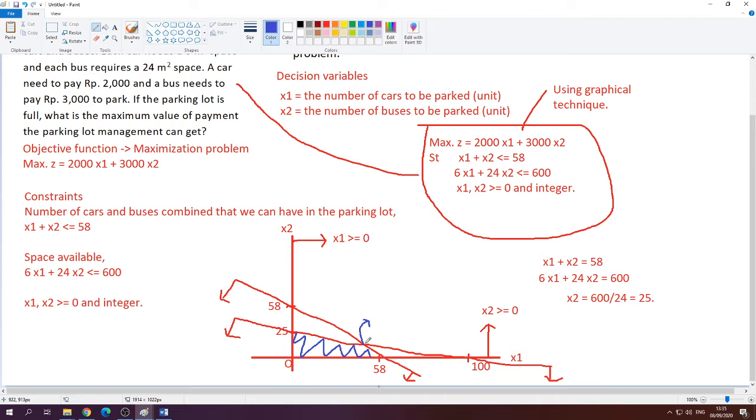So we can find the point by using our high school or junior high school mathematics, and the technique that I'm going to use is the elimination technique. It is the line of the two constraints.